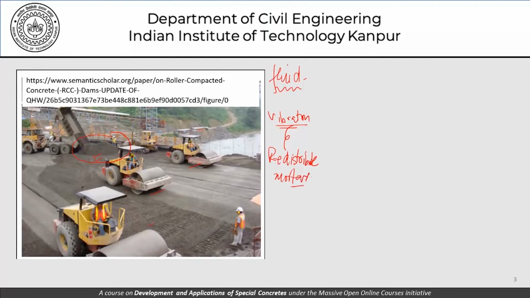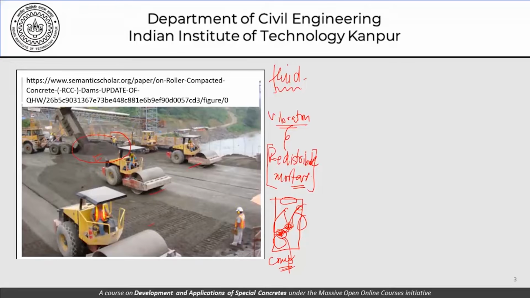So it's not really the fluid behavior that we are talking about, but the ability of the mortar to be redistributed within the voids of the coarse aggregates, so that if there is a pocket here which was not having mortar, this mortar from somewhere here moves in here, some mortar from here moves in here, so that it achieves maximum compaction, maximum density, and that is the key to having the right kind of compressive strength. So these voids here do not have a deleterious effect on the compressive strength of the concrete.